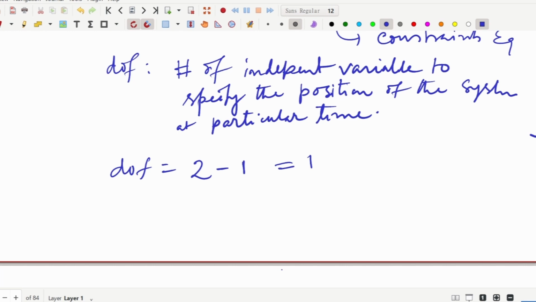So, we discussed at least 3 different classifications. The first one is holonomic and non-holonomic. So the constraints can be either holonomic or non-holonomic.